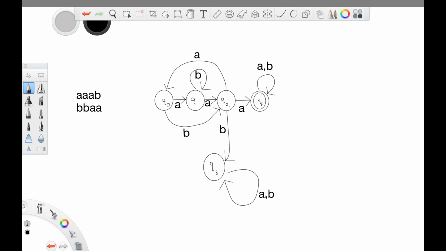Pretty much the only thing it won't take is two B's followed by anything else. And that's only at the start. Now we'll go into more detail on exactly what language this represents in our next video. But for now, I just want you to get the idea of what a DFA is.